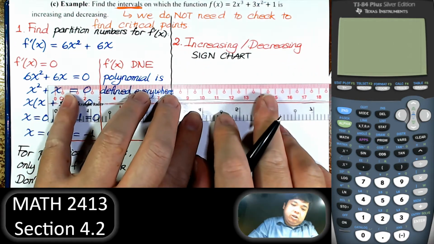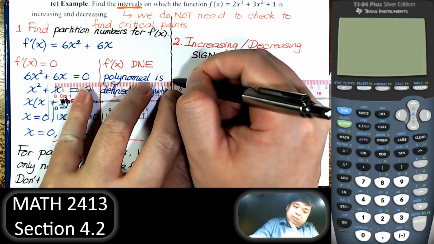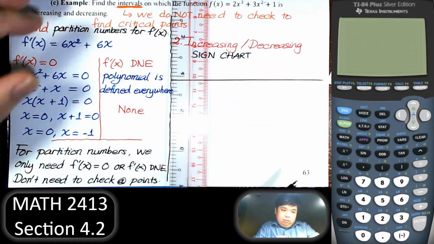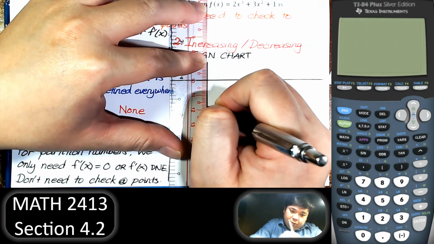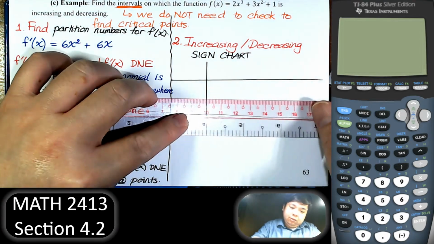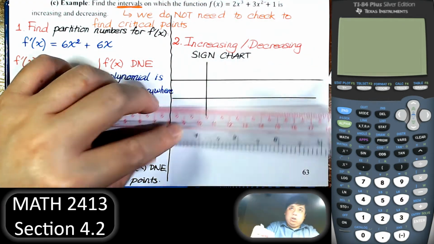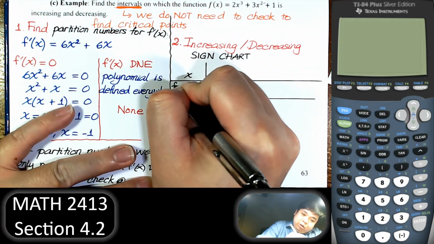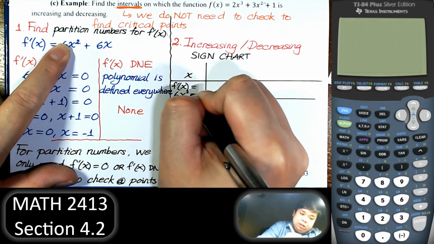So we draw a chart. On this sign chart, the first row is going to be x. The second row is the derivative. In this case, the derivative is 6x squared plus 6x.